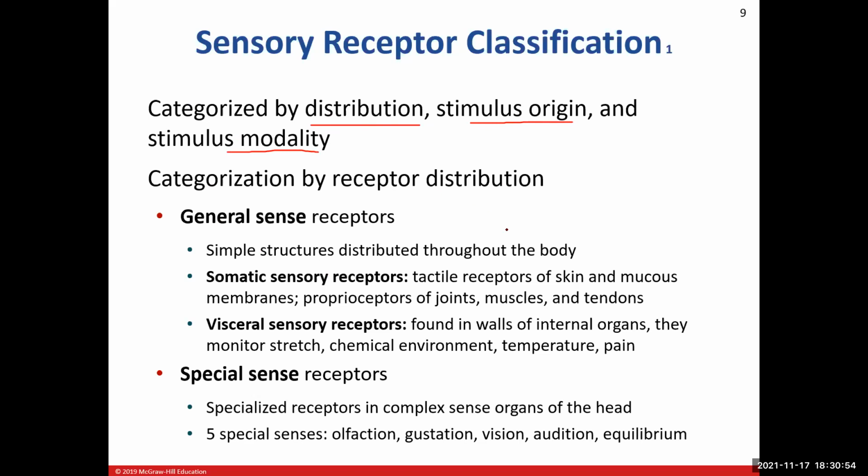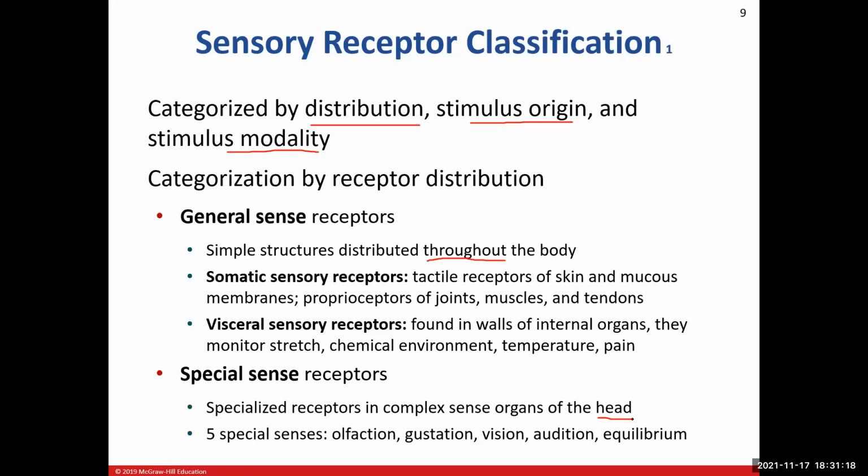General sense receptors are located all over the body. That includes your head, your neck, your feet, your legs, your arms, your abdomen, the thorax, everywhere. The other type, the special sense receptors, are going to be located only in the head.